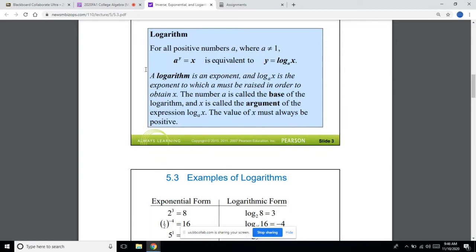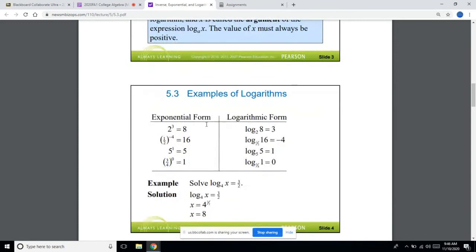Before we go any further, I just want to take a look at some things visually. Notice that when you rewrite an exponential function as a log, the base of your exponent is also the base of your log. In these examples, we have exponential form in one column and log form in the other.